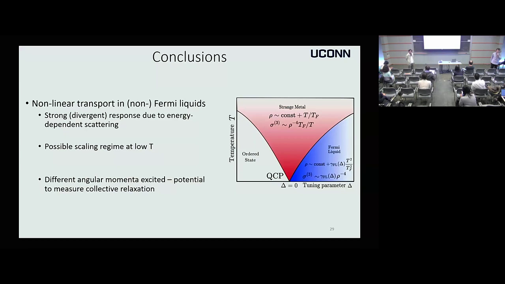Right. But then you can just take it away, right? Yeah, of course, you could. Which means that you have umklapps, right? I mean, you don't have momentum conservation here anyway because your interaction is disordered. It's fine. On the one hand, you can think of it from a phenomenological perspective: there's always a finite slope.